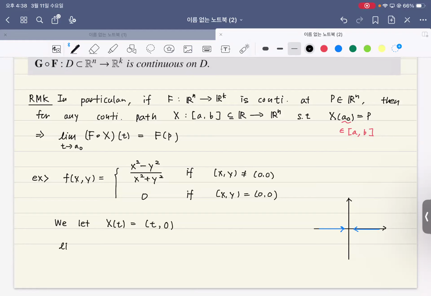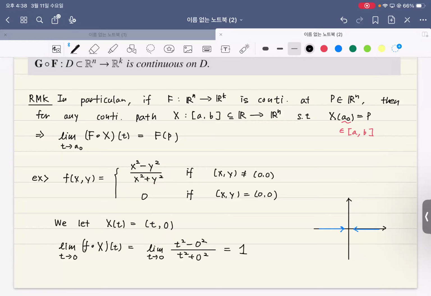Then if we compose the function with this path, as t goes to 0, the x coordinate is t and the y coordinate equals 0. Therefore, if you plug in these two, you have t squared minus 0 squared over t squared plus 0 squared, which is just 1.